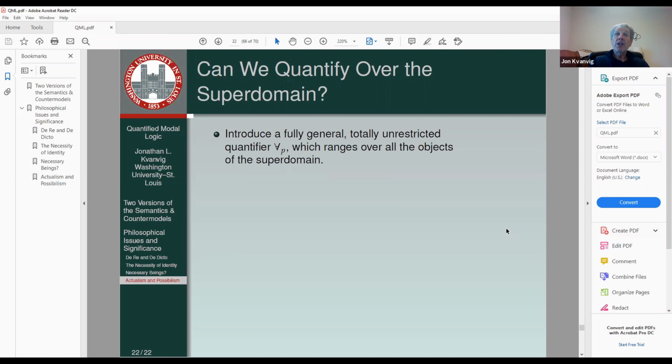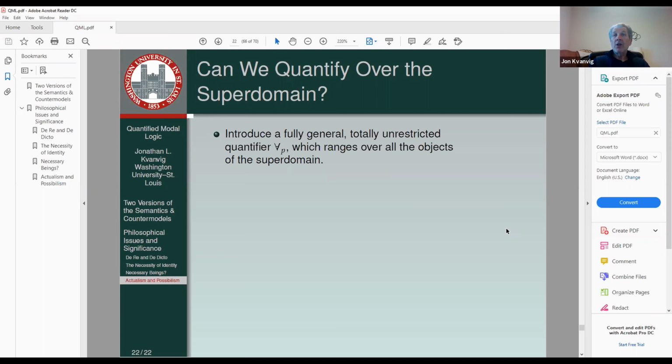If you remember how we did variable domain semantics, we said you've got a superdomain, and then you've got a subset of the superdomain for each of the worlds. That's the domain for the world. We wrote it as D sub W. The domain for the world is a subset of the superdomain. And that allowed us to describe how worlds could have different things in them.